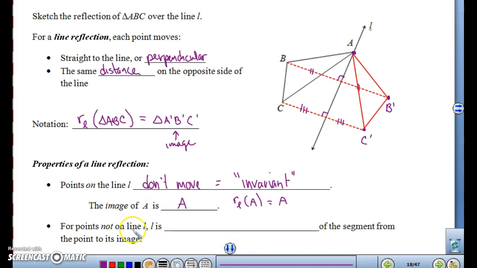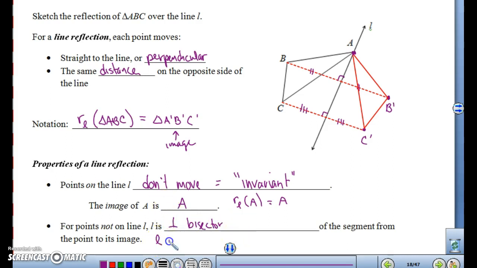All right, so for the points that are not on line L, for example, that would be B and C. What is line L? Well, let's see. We said that going from B to B prime to do the image, this line right here, the segment we just created, is perpendicular and it's cut in half. So that means L is the perpendicular bisector of the segment from the point to its image.